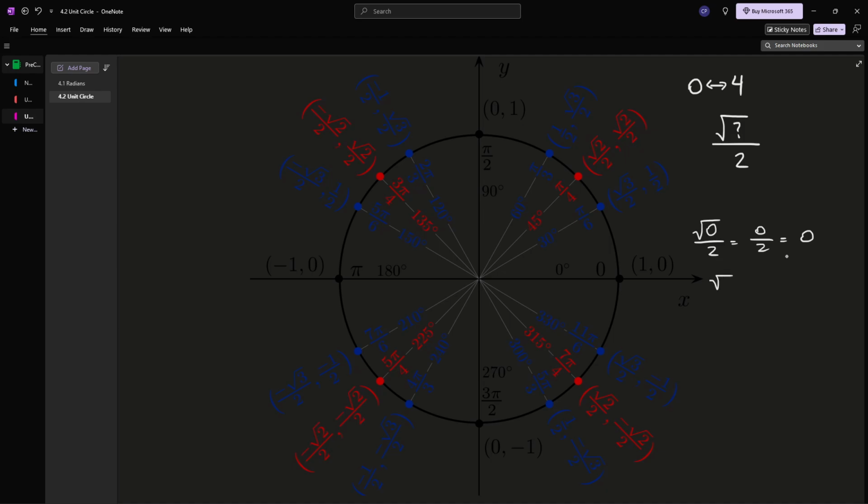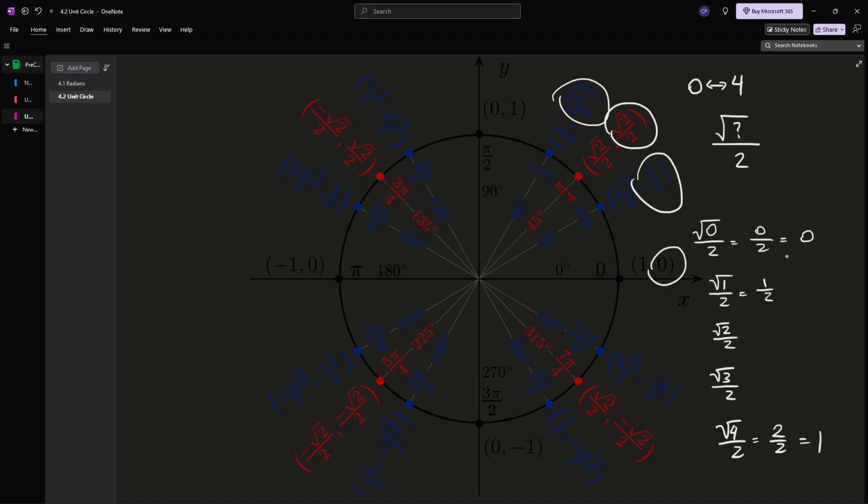Then I have root 1 over 2, which is 1 over 2. Then root 2 over 2, root 3 over 2, and then root 4 over 2, which is 2 over 2, or 1. And that follows along: 0, 1 over 2, root 2 over 2, root 3 over 2, and then 1.